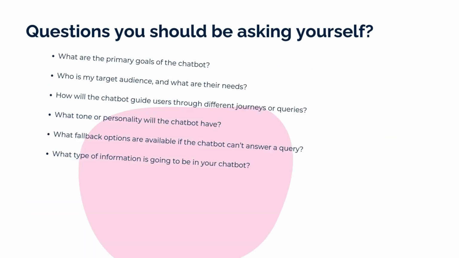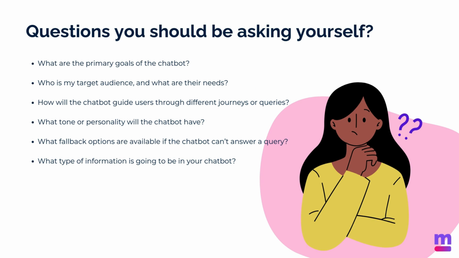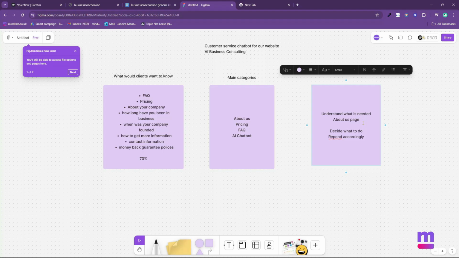Okay. So for about us, pricing, FAQ, and AI chatbot, what is needed, right? For the about us, we need the about us page. For pricing, we could go with the pricing page, or we could use probably a PDF or document explaining prices.